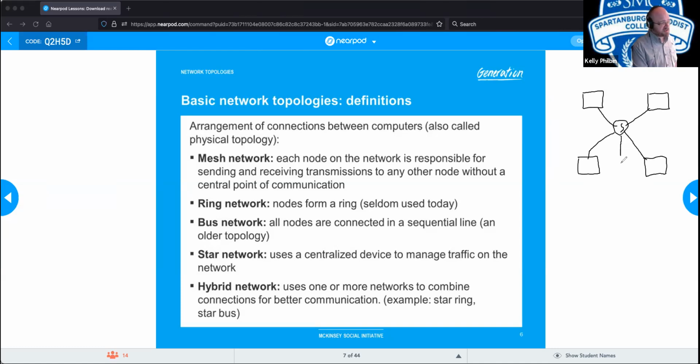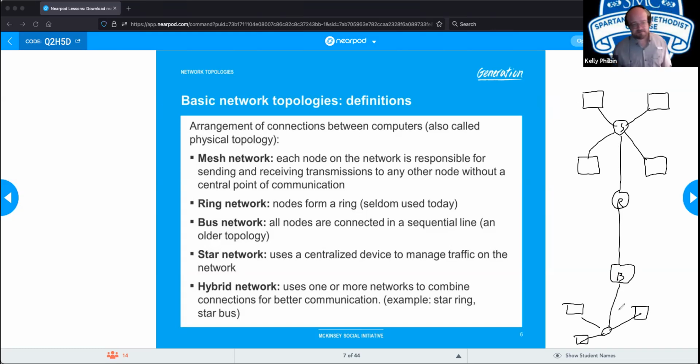So this would come in, come out, and you would have a router, and then that would connect to a bridge, and then would connect to, say, another star network. So we have the star here, we have the star here. We are connecting them together with a bus. So that would be a hybrid.